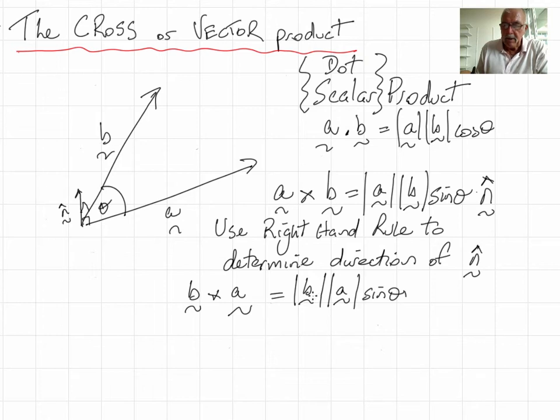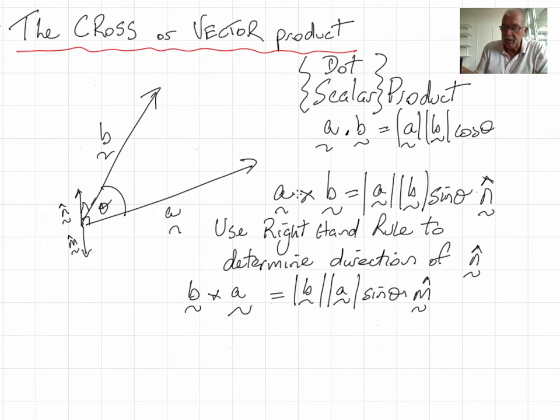Now, if we use the right hand rule again, my fingers will be pointing out in that direction. I curl my hand so the fingers point around in the A direction, and my thumb is actually going to point into the page. So we'll say unit vector M, and it will go in the opposite direction.